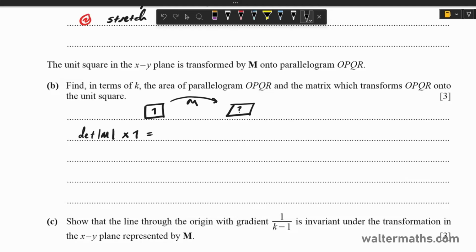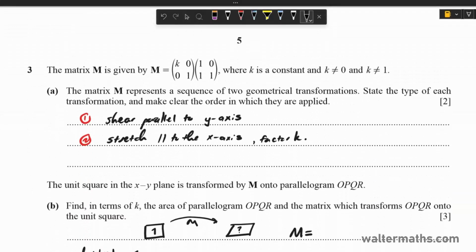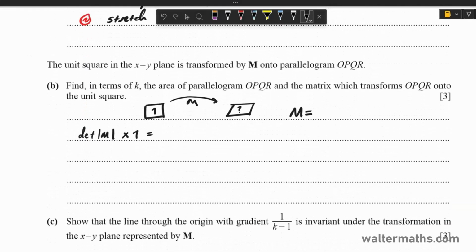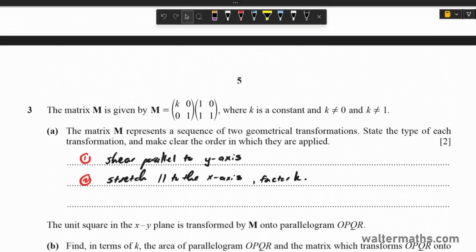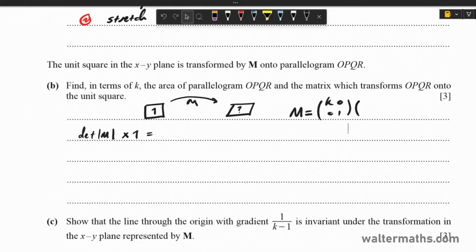And so now for the determinant of M, the matrix M is represented by K001, and it's pre-multiplying 1011. So multiplying these 2, we should get K011, and therefore the determinant should be K minus 0, which is just K. All right, that's the determinant.